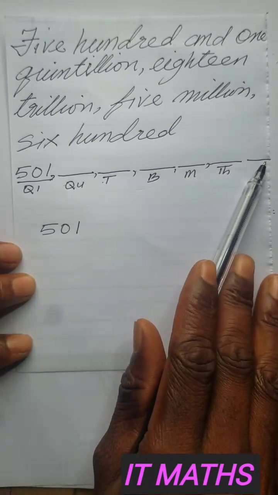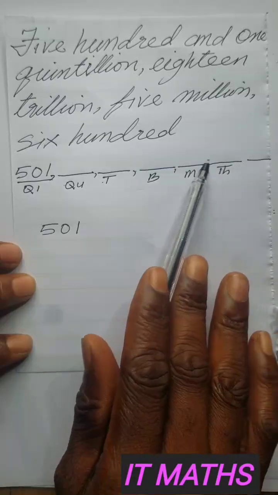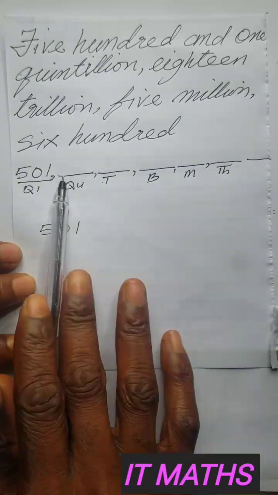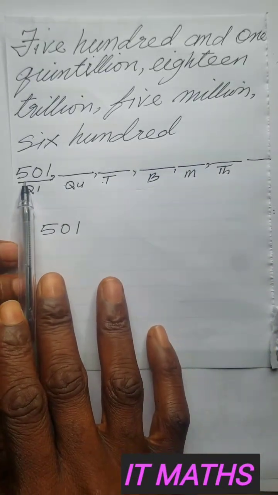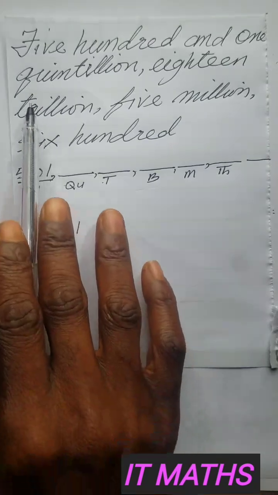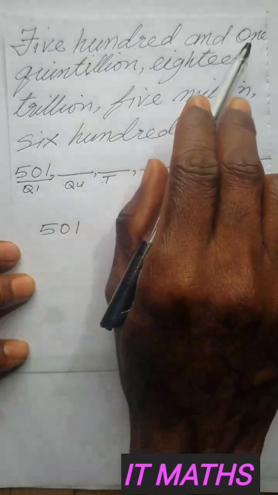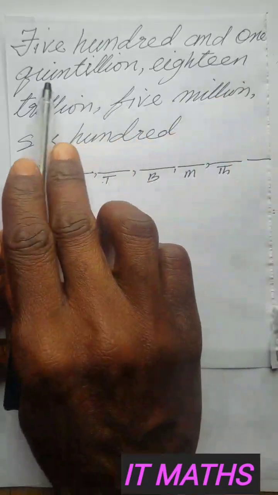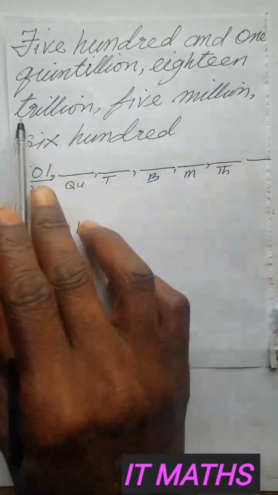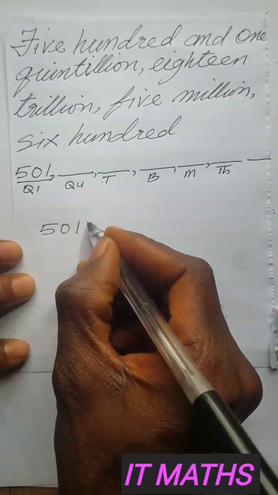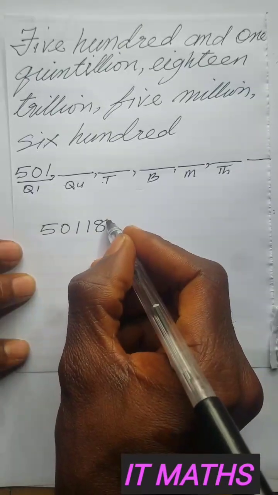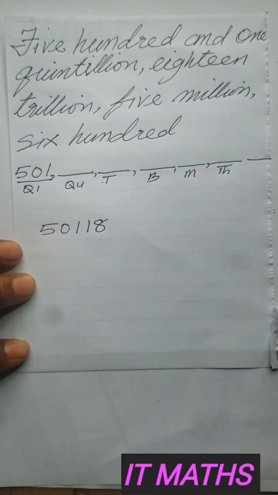So now that we are going to have 1, 2, 3, 4, 5, 6, 18 digits before it, this is what qualifies it to be a quintillion. Okay, let's proceed. After the quintillion, we have 18 trillion. Should I write my 18 here? That would be wrong.